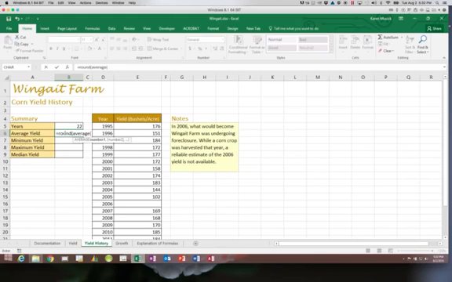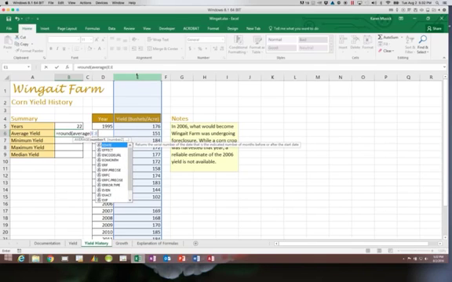Again, opening the parentheses, and we're going to click on column E. When we close the parentheses for the average function, then we have to do a comma and tell it where we want to round it off to.